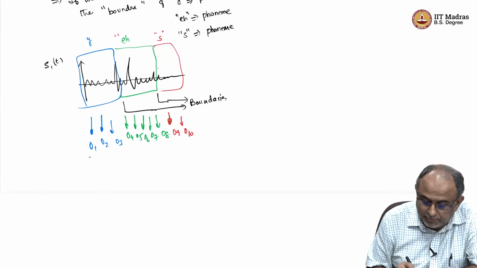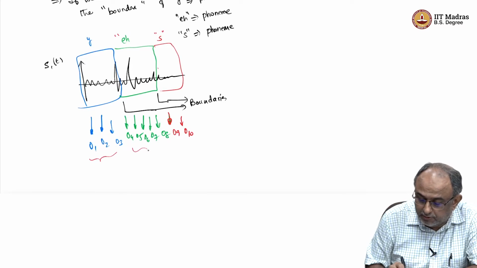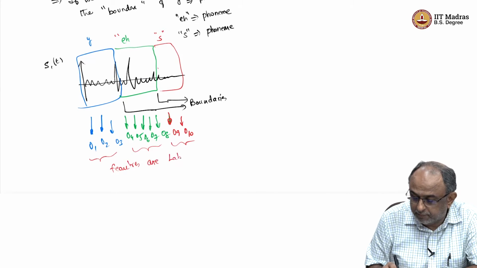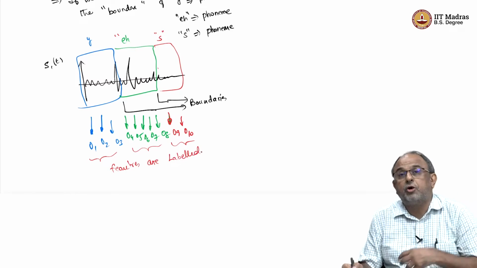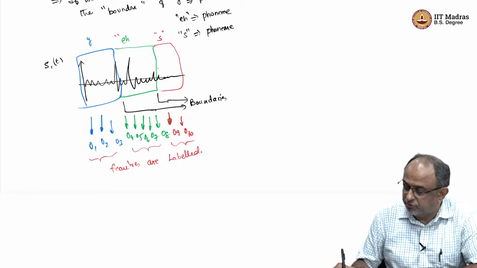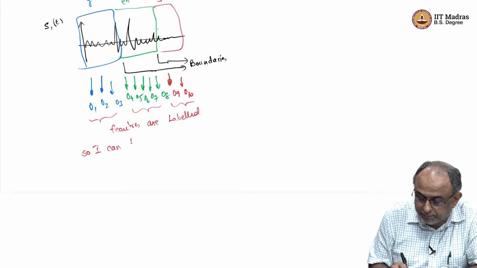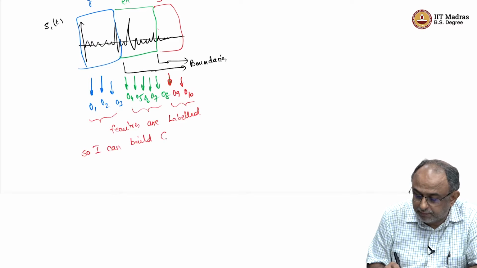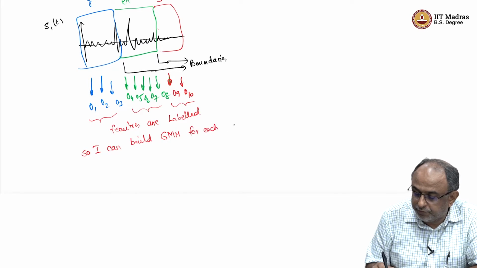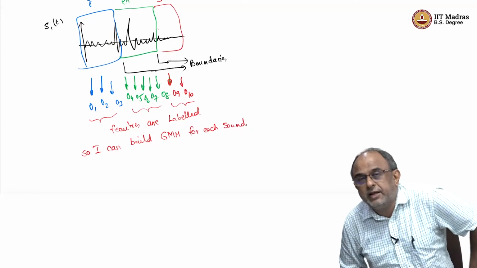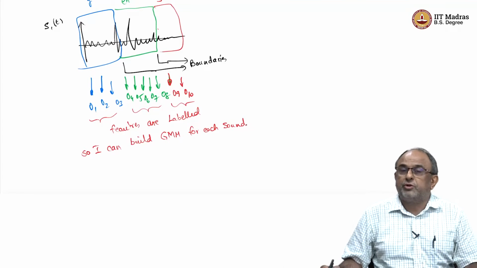So now it is properly labeled. So I can build a GMM for each of the sounds, right? So that is still doable, but in practice I don't know the boundary.